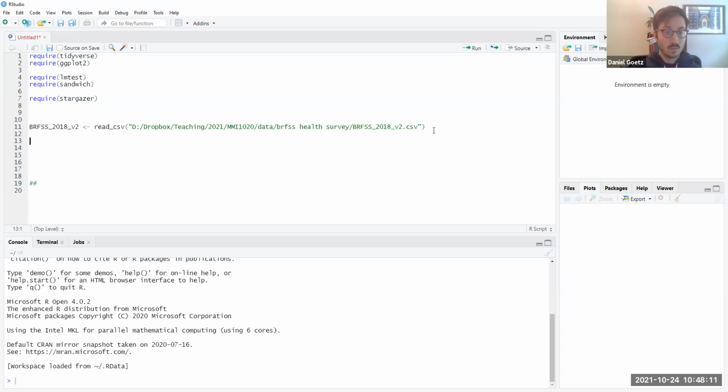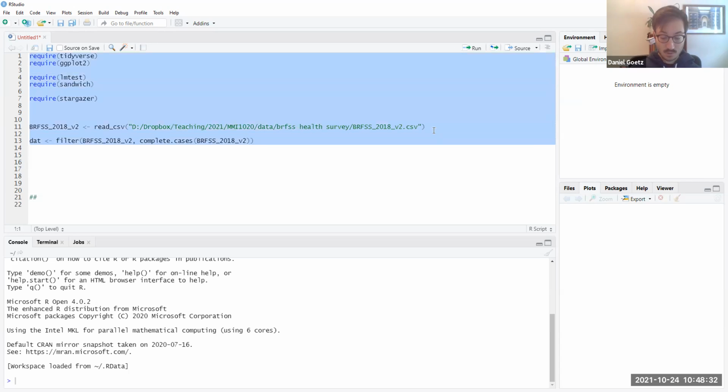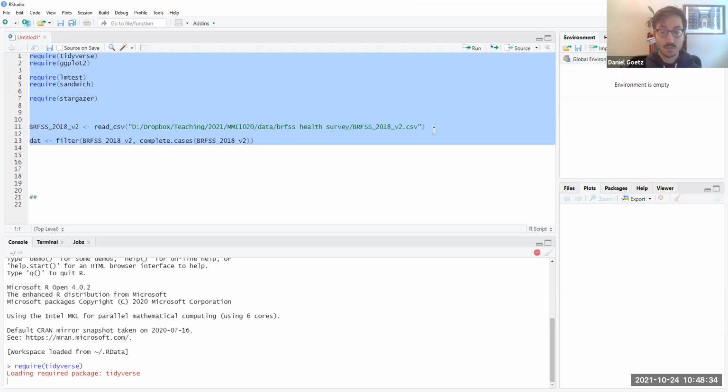Okay, so before even running this, we know that this data set does have some missing cases. So we're going to want to filter it based on complete cases. And so now let's just go ahead and run all of these things.